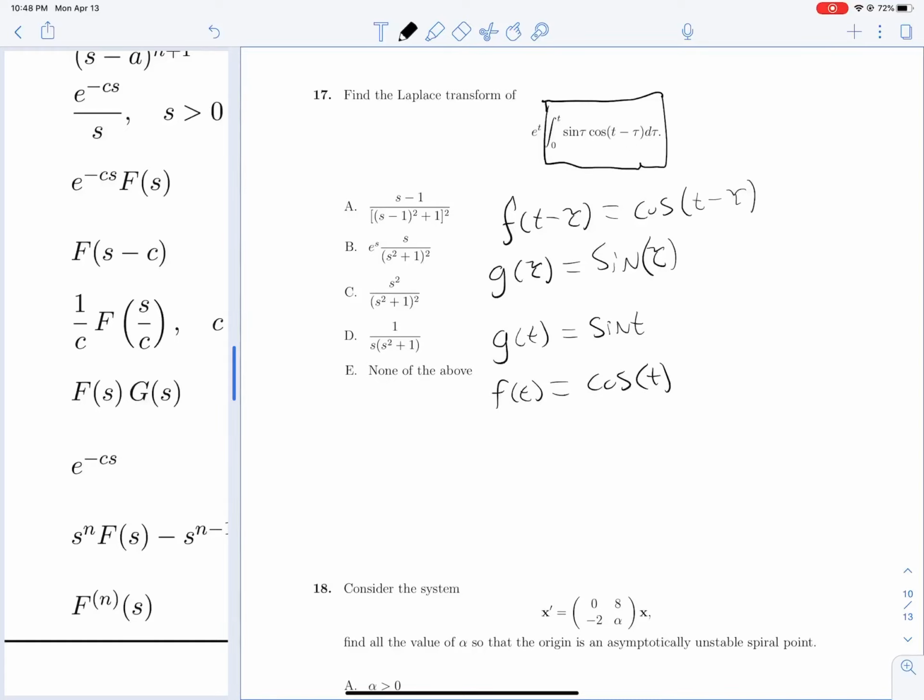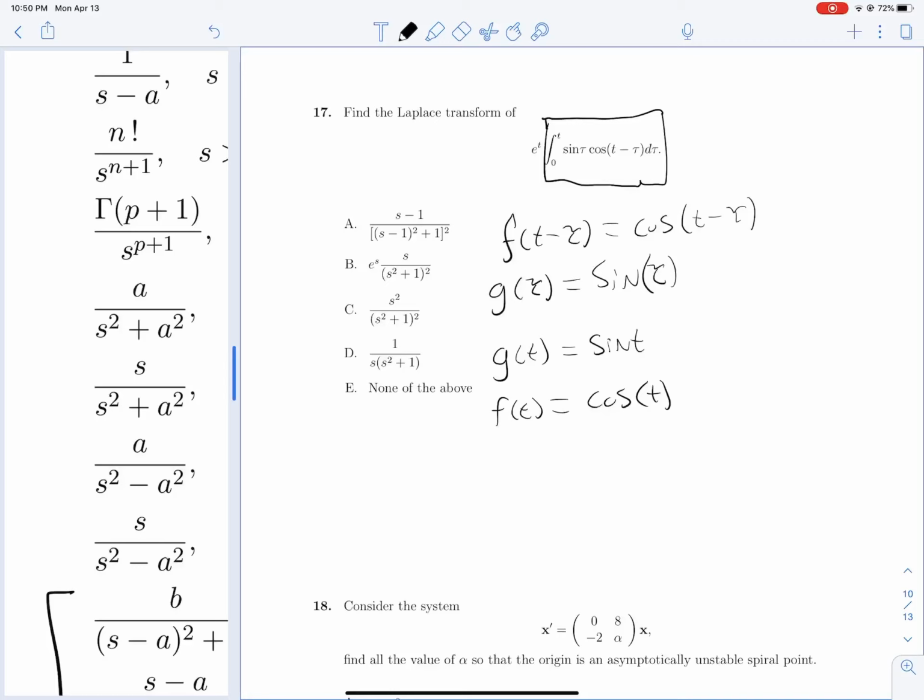We unsubtract that tau. So at this point, all we'll be doing is taking the normal Laplace transforms of sine of t and multiplying that by the Laplace transform of cosine of t, and then replacing all of our alphas with alpha minus 1's. So let's do that.